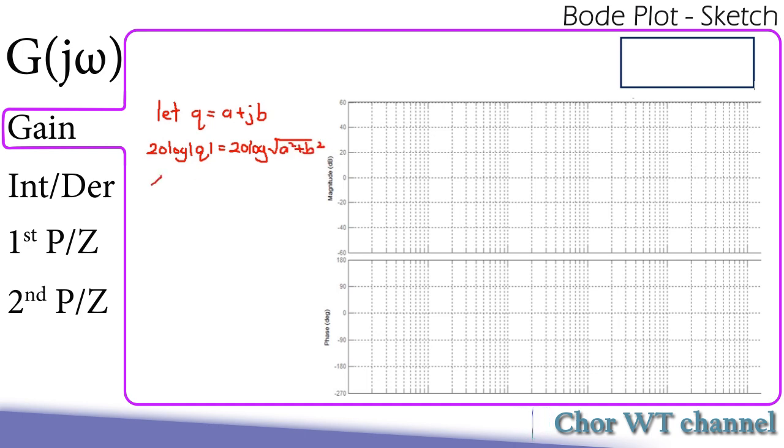If you would like to find the phase of q, that equals the inverse tangent of the complex part b divided by a.